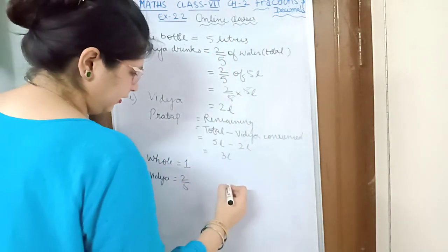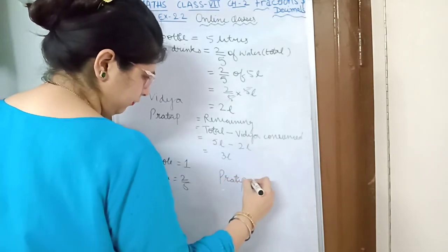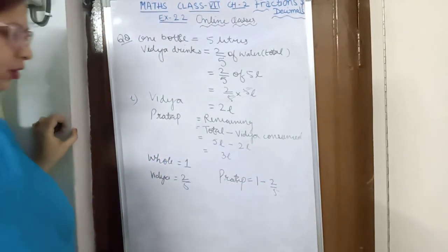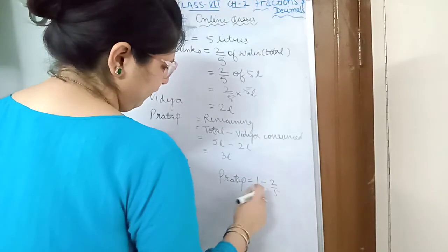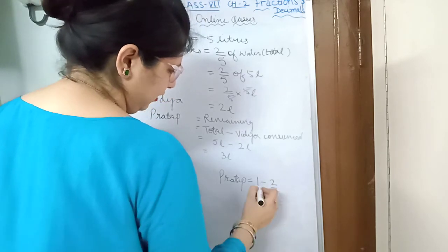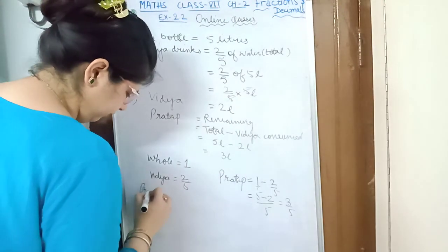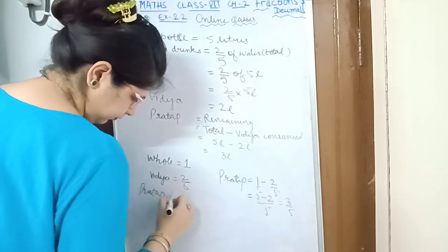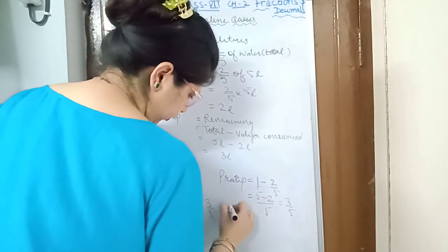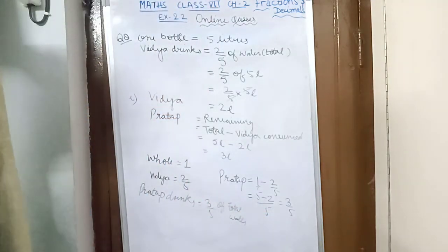So to find the fraction of Pratap, we will subtract 2/5 from 1, because fraction is a part of whole. So you will find like this, 5 minus 2 upon 5, when you take the LCM. So 3/5 is the fraction of water Pratap drinks. Pratap drinks 3/5 of total water. Okay, clear? This is the answer.